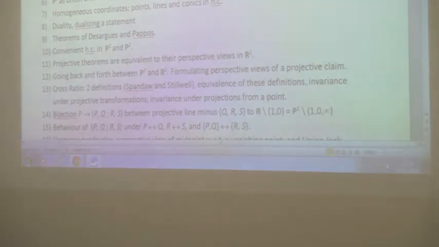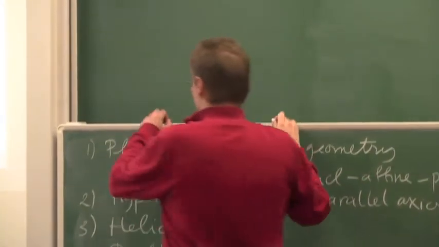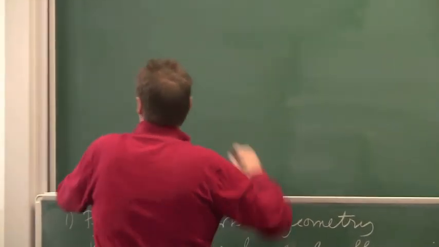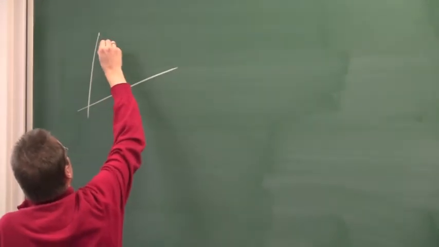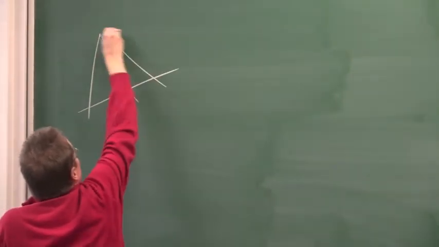Cross ratio is invariant under a projective transformation. So in particular, they are invariant under projections.